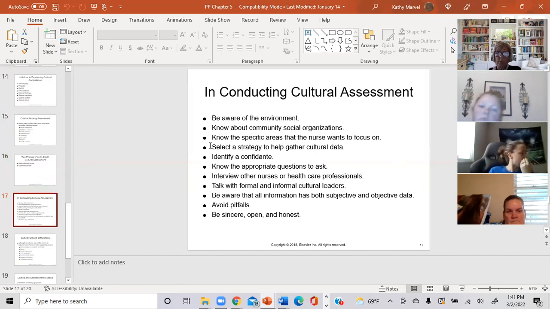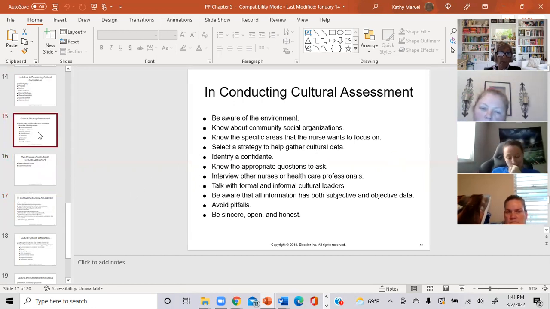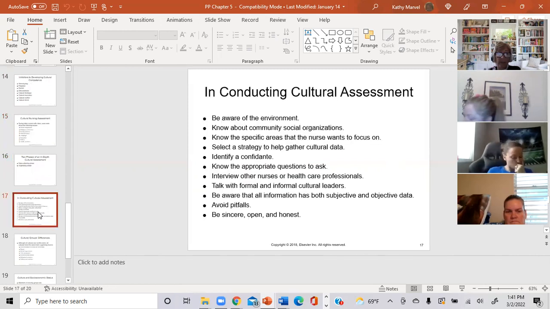Again, this is part of our cultural assessment, slides 15 and 17. Take the A from the ADPI and describe the A in cultural assessment.